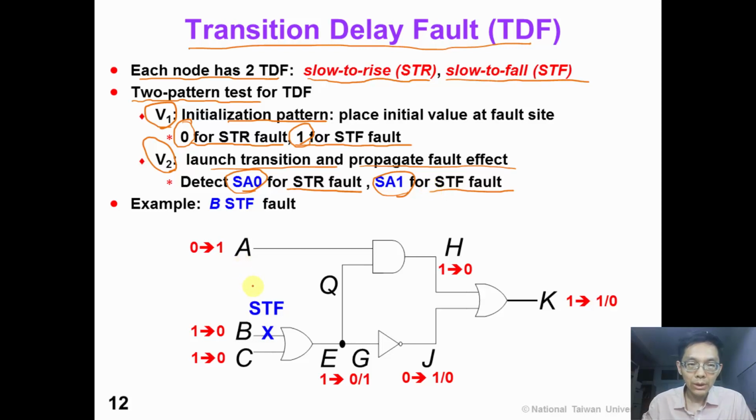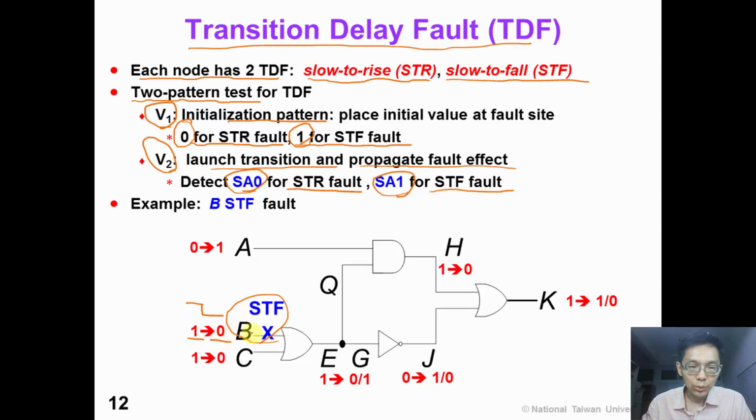For example, given this circuit, suppose we want to detect B slow to fall transition delay fault. In pattern 1, we control B to 1. In pattern 2, we control B to 0. So we create a falling transition.